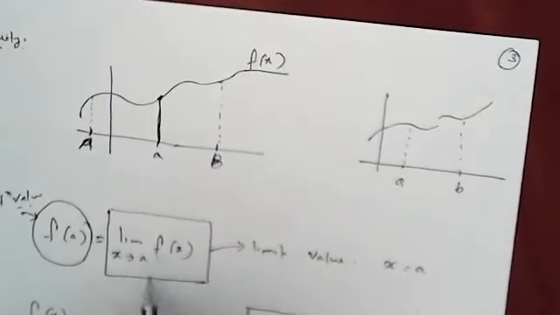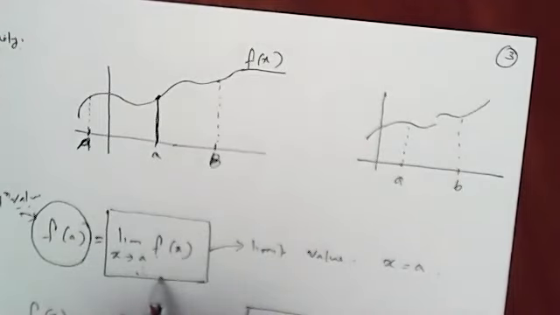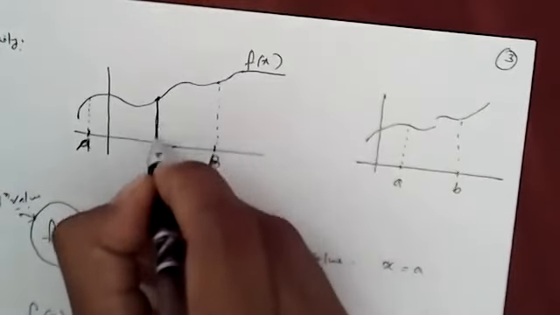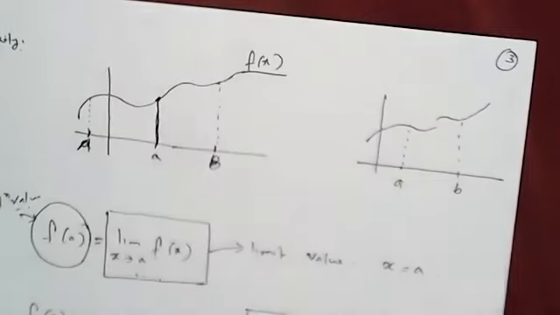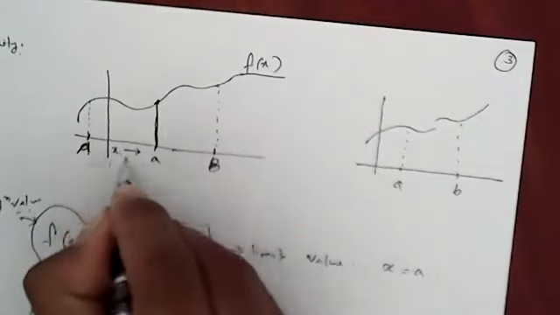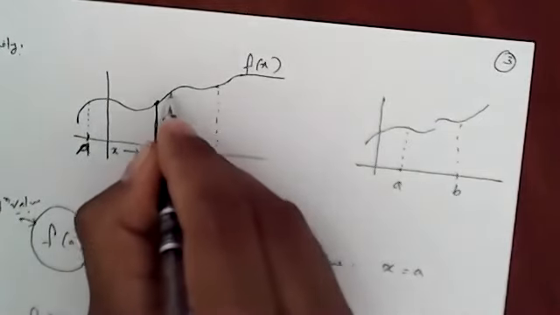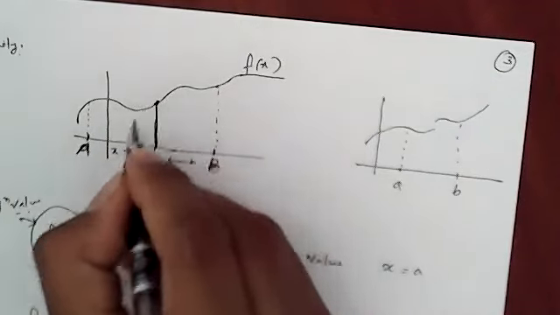Now the limiting value: in the concept of limit, x approaches from this side and from this side, without actually touching the line.